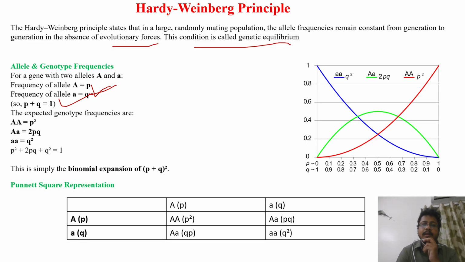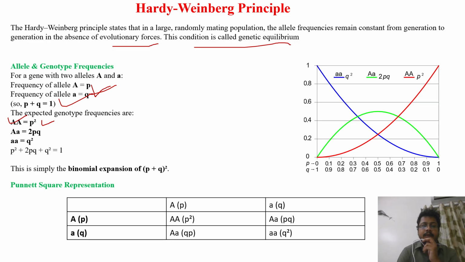Now in a diploid organism, the probability of genotype AA will be p square, because there are two p's multiplied. If the probability of one allele is p, then the expected genotype frequency will be p square according to the law of probability.